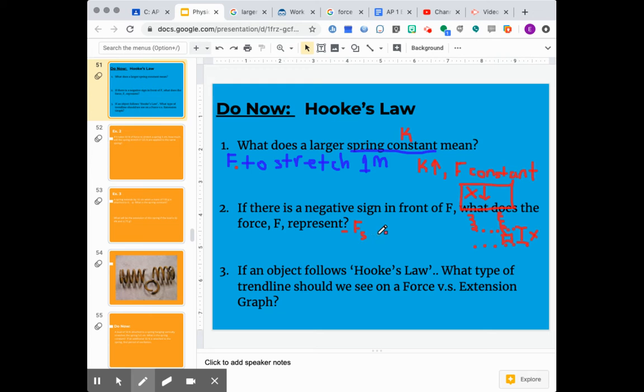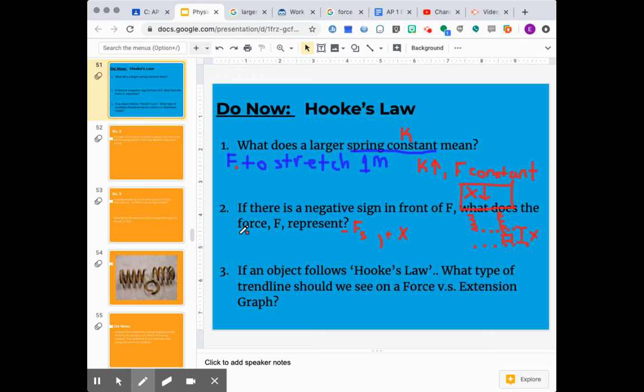So if F is negative, that means that x would be positive. The displacement would be positive. If there's a negative sign in front of the force, it is still the restoring force, the force required to return the object back to equilibrium.